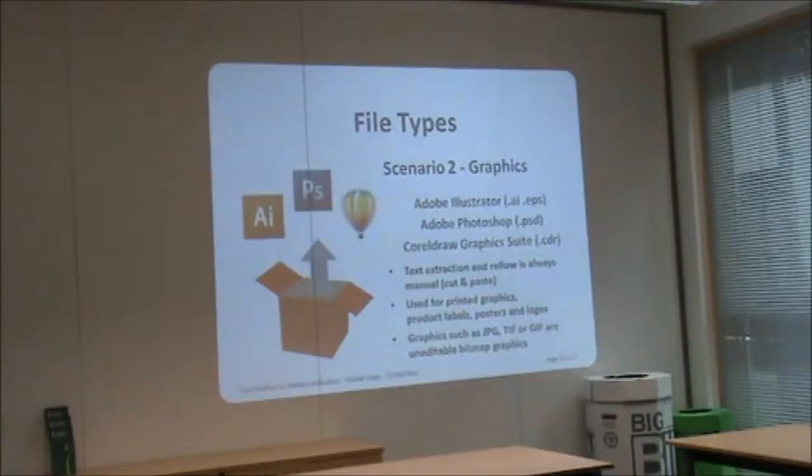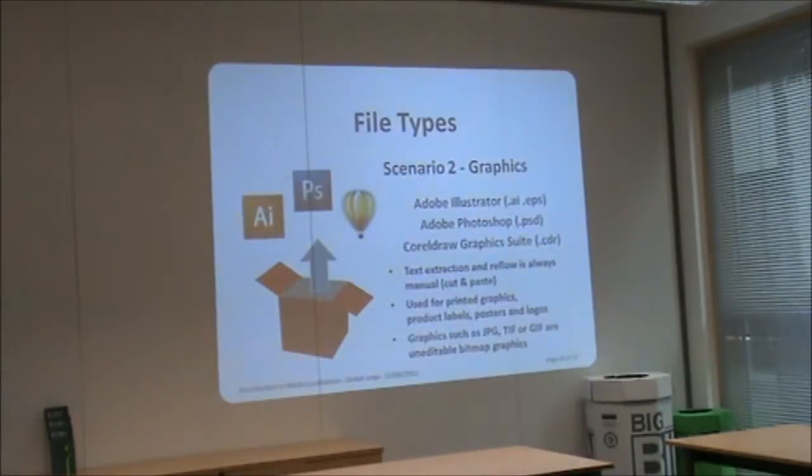So with documents for print, usually the graphics are created in Illustrator and are included as links in the file in the format of either an AI file, which is the native Illustrator format. That's the native editable file that you open and edit in Illustrator, and also EPS.